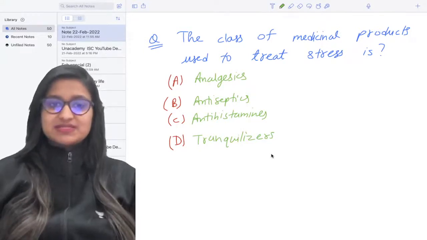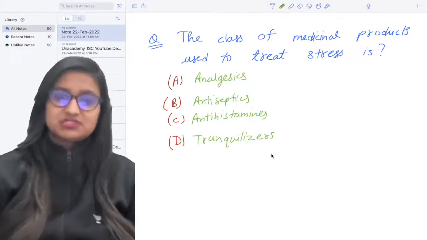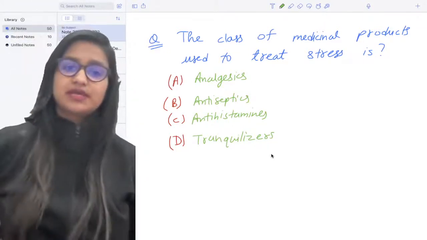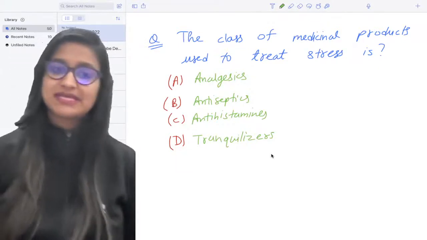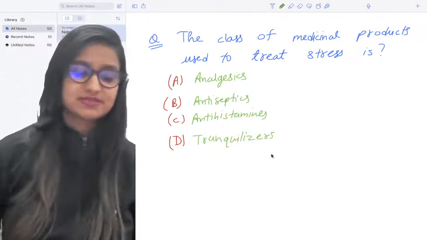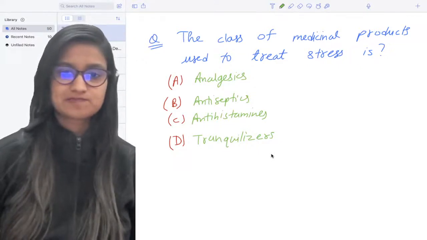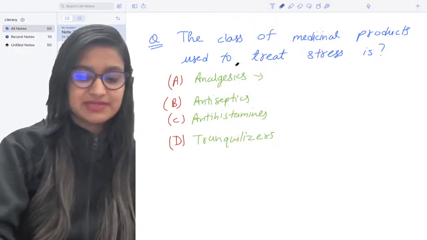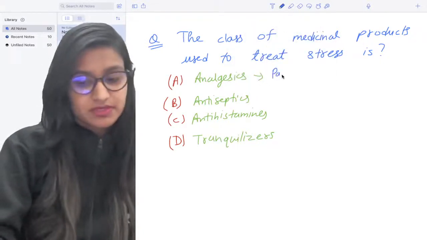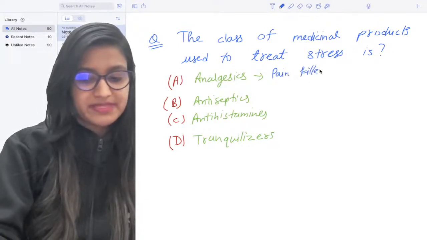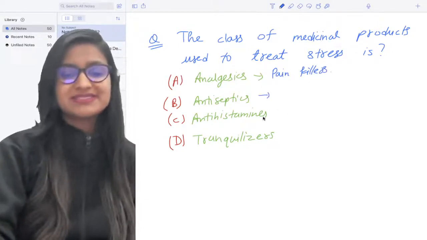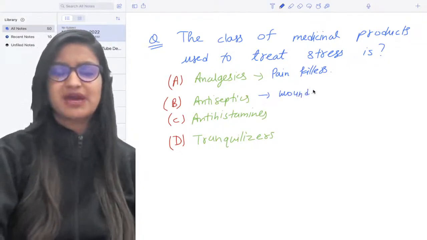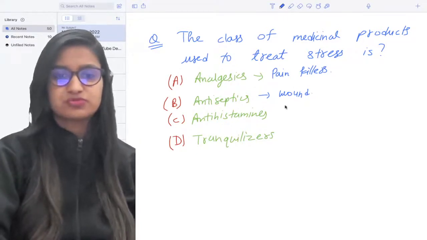The class of medicinal products used to treat stress. Analgesics, antiseptics, antihistamines या फिर tranquilizers. तो बच्चे, we know that analgesics are painkillers. Antiseptics जो कि आप अपने wound वगैरह पे लगाते हो, ताकि अगर वहाँ पे कुछ माइक्रोब्स हो तो वो डेड हो जाएं.